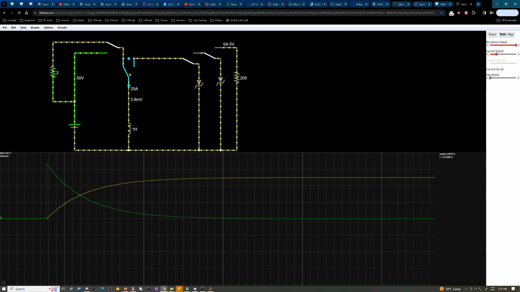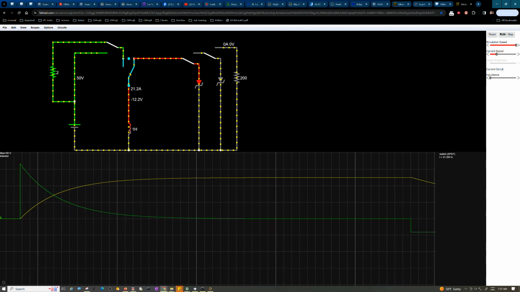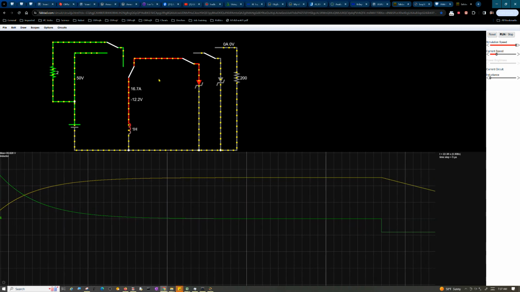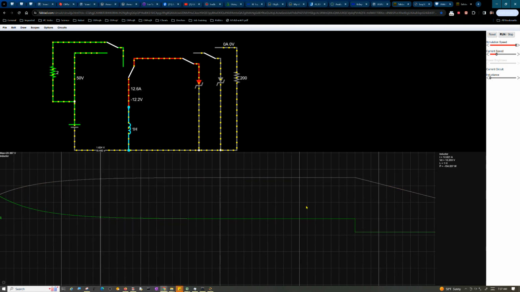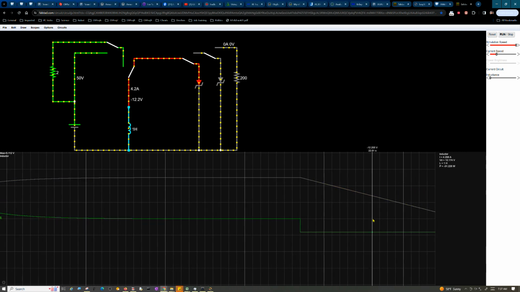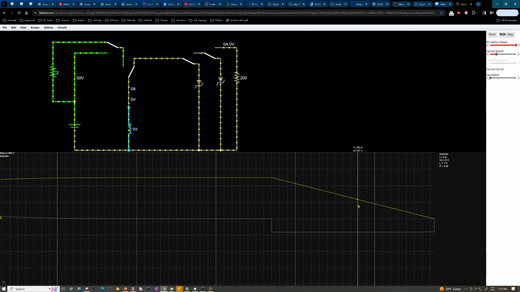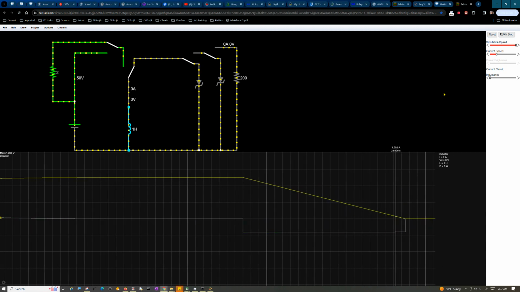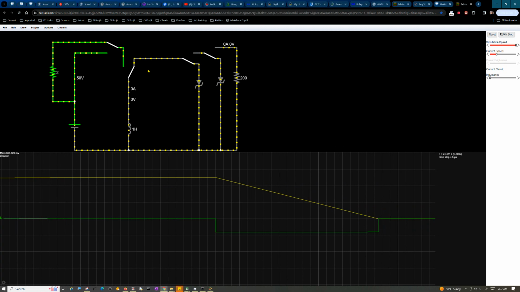But now let's flip it over and see how long it takes this to discharge, because it only goes up to 25 amps. So we charged it non-linearly, but we're discharging it linearly. So it's got a linear current curve on it. So its voltage still behaves the same way.